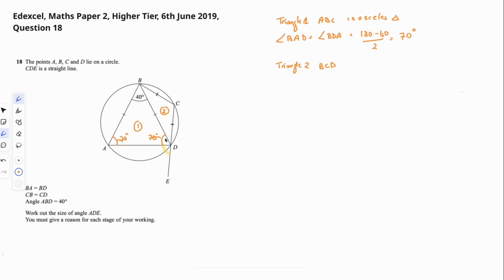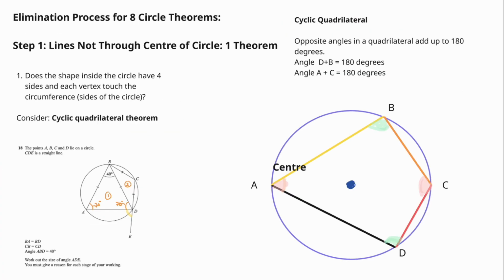So if we can work out the total angles across this point here, then we can easily work out ADE. So because there are no easy angles in this particular triangle BCD, we're going to have to start thinking about our circle theorems and which circle theorems we could utilize to help us calculate the angles in this triangle here.